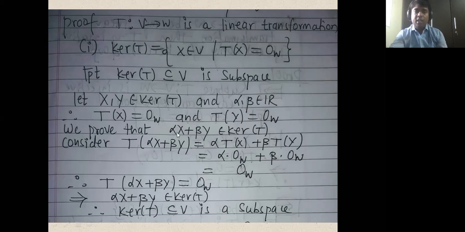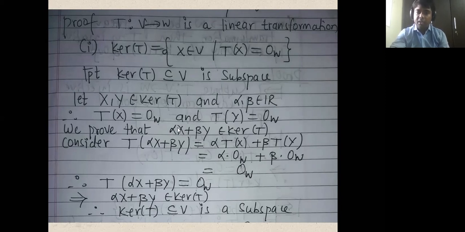So we'll prove that alpha x plus beta y belongs to kernel T. When the image of this whole vector is equal to 0 of W, then this vector belongs to the kernel.